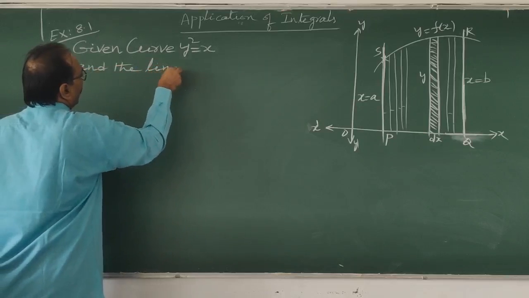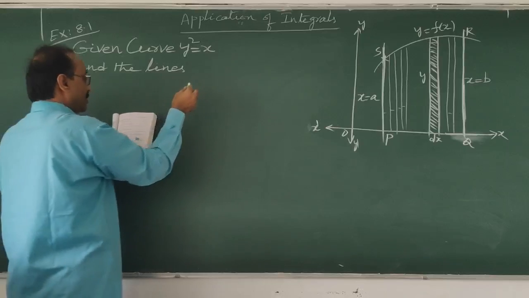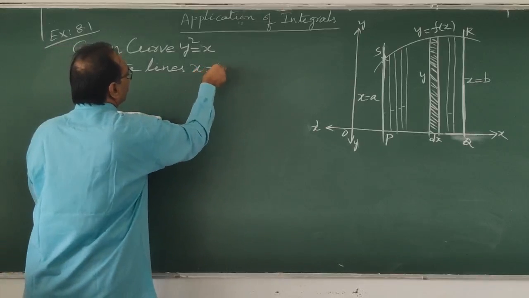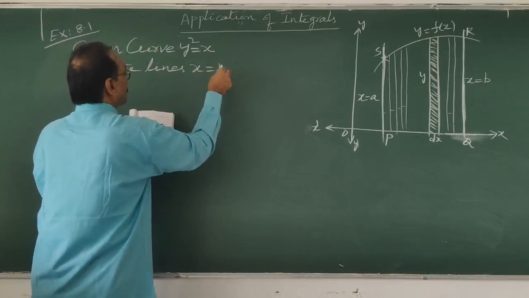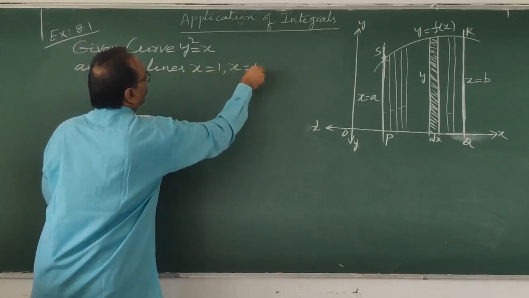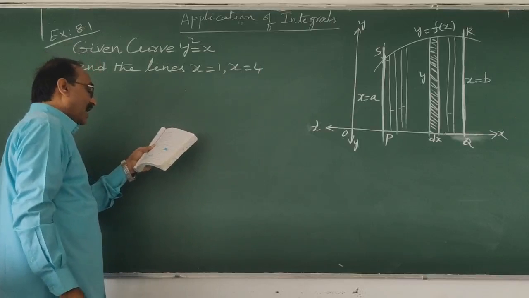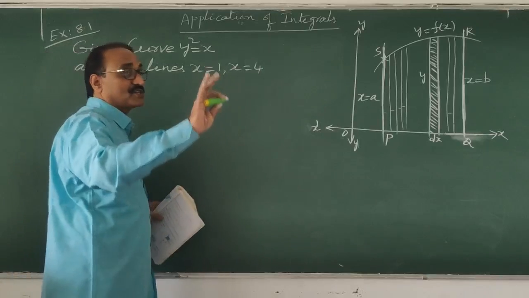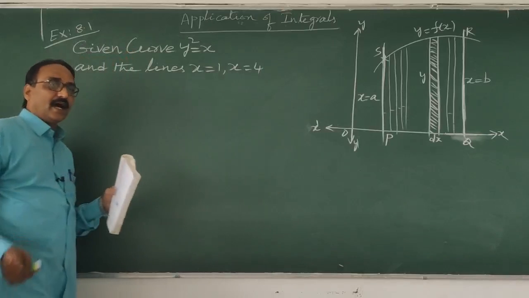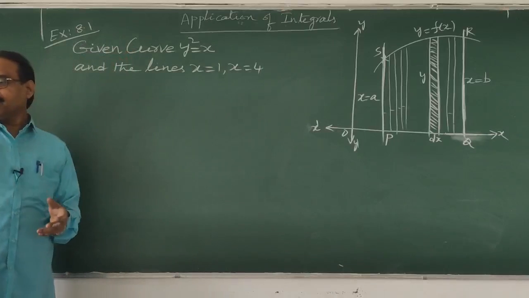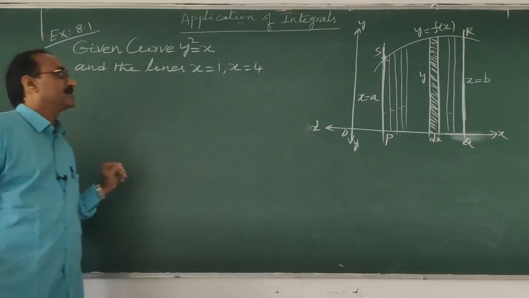We will write now. And the lines x is equal to 1, x is equal to 4, and the x-axis in the first quadrant, my dear students.